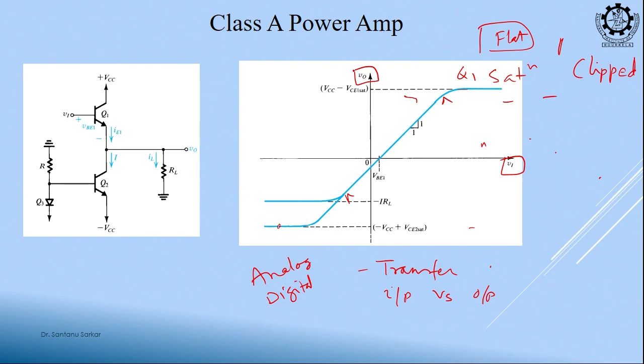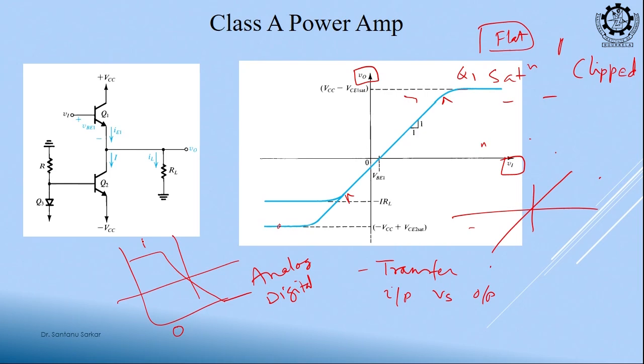V0. So, the x axis is your input, the y axis is your output. Whenever you are expecting an amplifier, you expect this kind of characteristic. Whenever you are expecting an inverter, you will expect something like this: input is low, output is high; input is high, output is low.